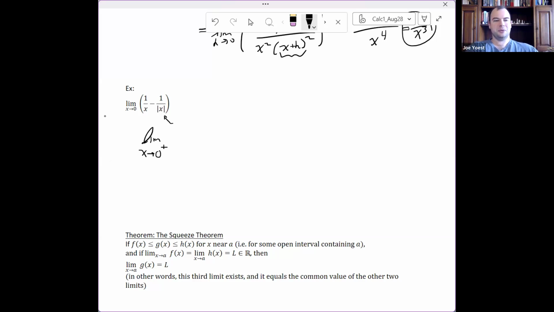So let's investigate the right-hand limit of this function. Well, when x is bigger than 0, when x is a strictly positive number, the absolute value of x is just the same as x. The absolute values just kind of go away.